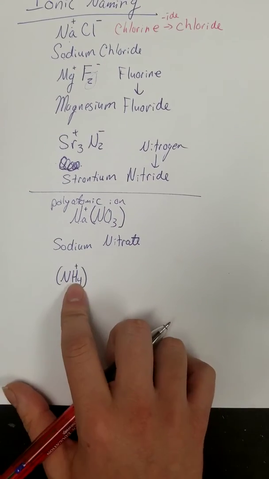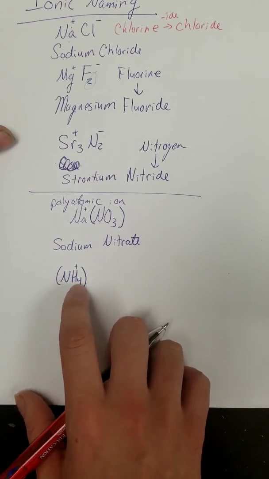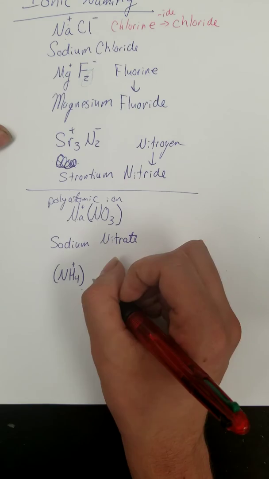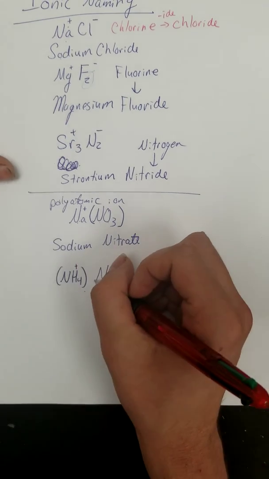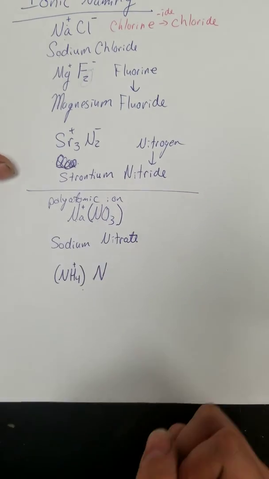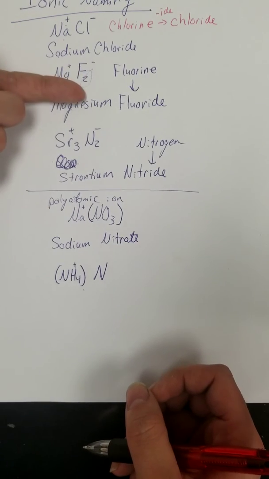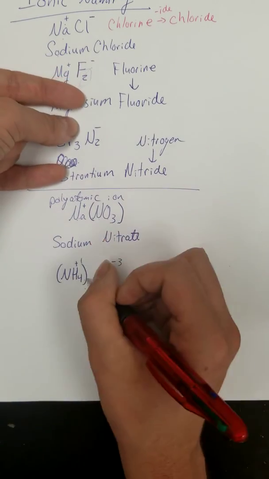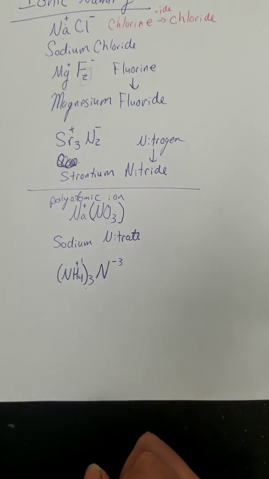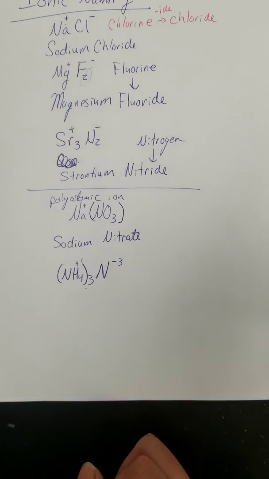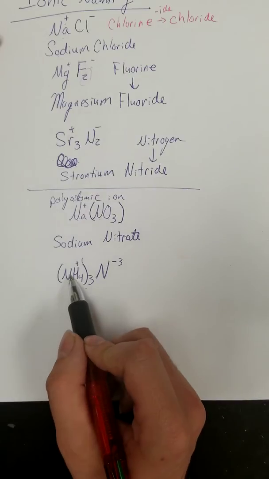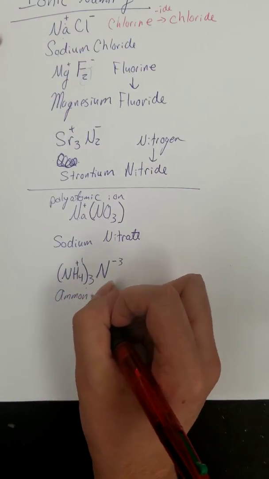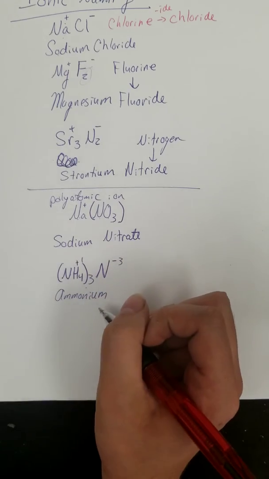Now, let's say, for example, it is NH4. Then that is going to be your polyatomic, and then whatever is after it. If you have a single element after it, that's going to be monoatomic, or a single one. So then that's going back up to these rules. So NH4 is ammonium, and it, again, is a polyatomic ion.